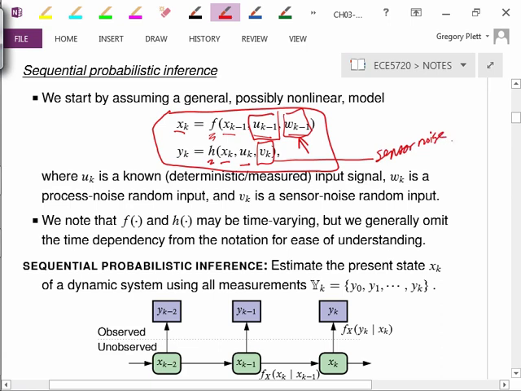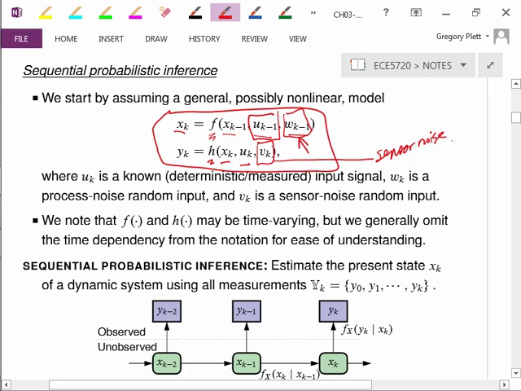Now, there's room for confusion here because we're going to start using V for two different purposes, and I'm sorry about that. V is the standard symbol for measurement noise in this literature. So I decided to adopt it, even though I know there could be confusion. But we're going to talk about Y now as being the cell output. Y is now the voltage, and V is now sensor noise.